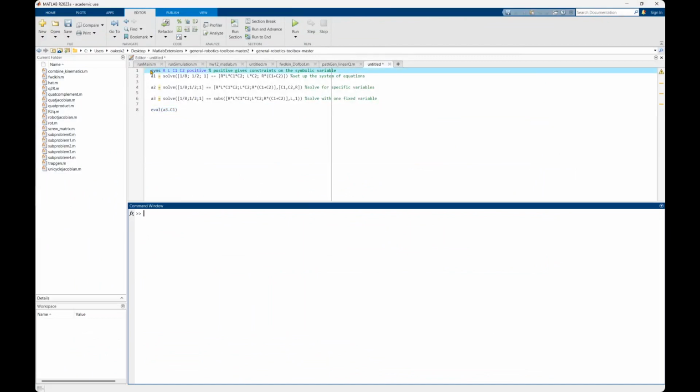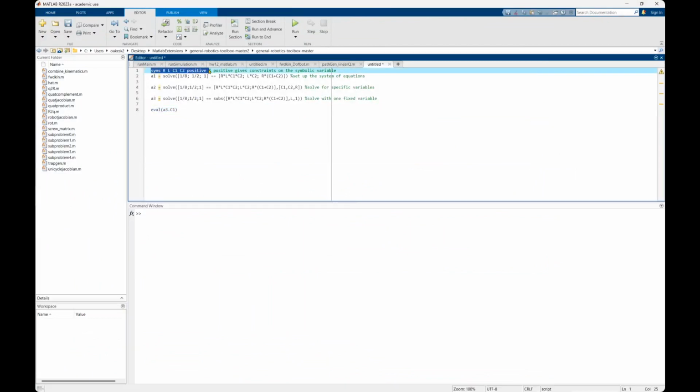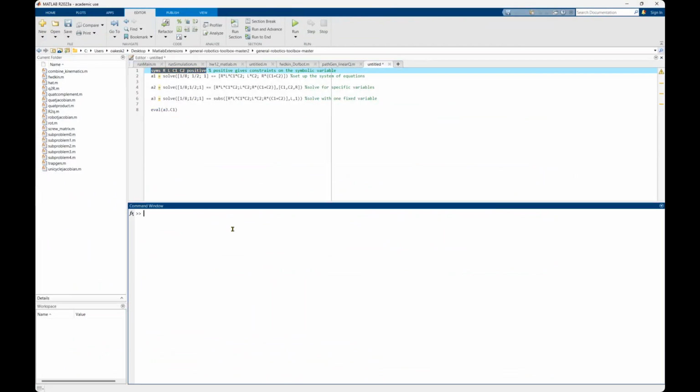Right, so what you can do, I don't know if there's a way I can make this bigger, but we can define the symbolic variables that we're looking for. Okay, so we have our resistance, inductance, and the two capacitances. So what this positive here tells it is that when it's doing the solving, those values can only be positive numbers. Anytime that you're doing symbolic expressions, you can provide some constraints.